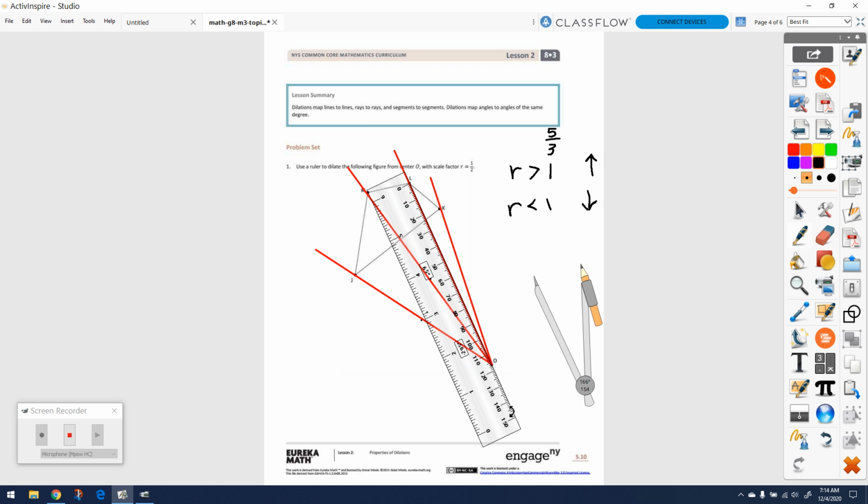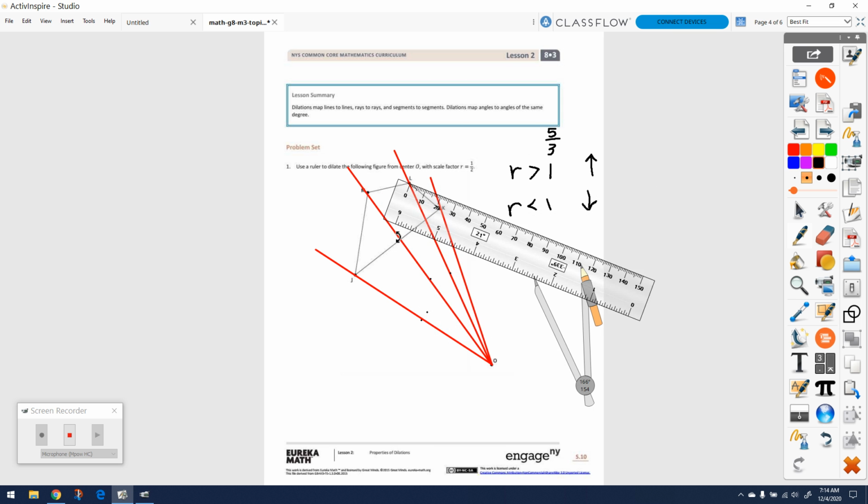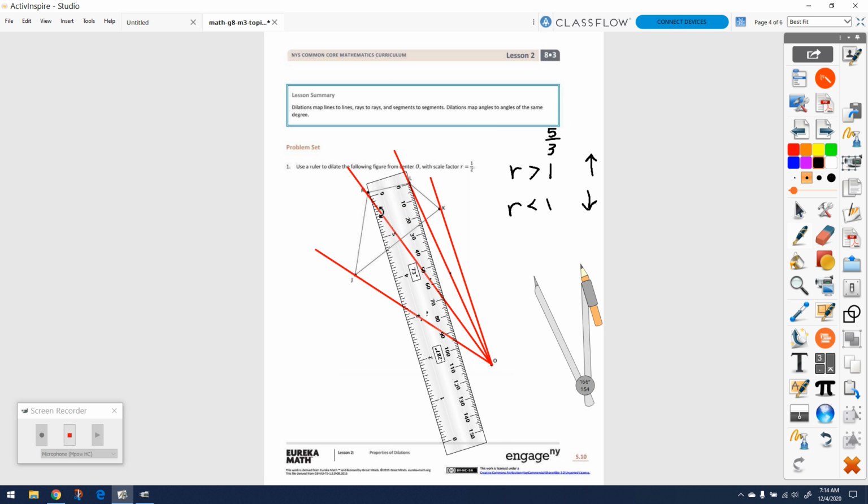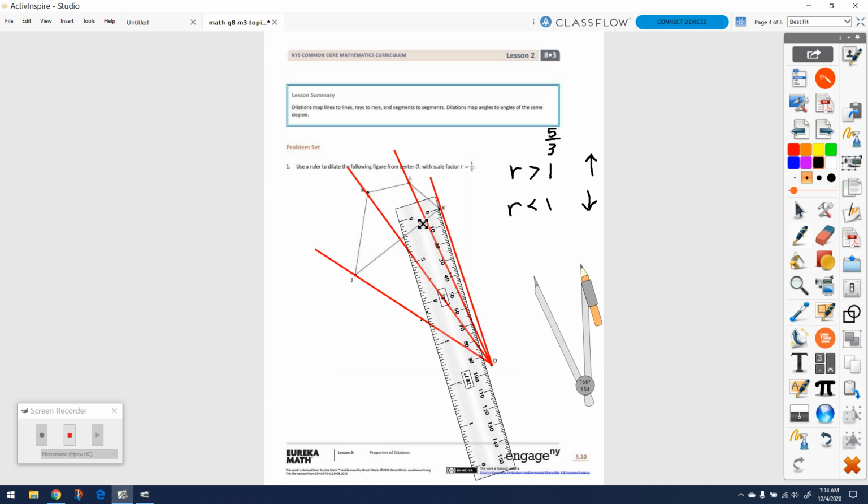And I have, for me, it's 116, which is 58. And my last point, which looks like 96, which then would be 48.